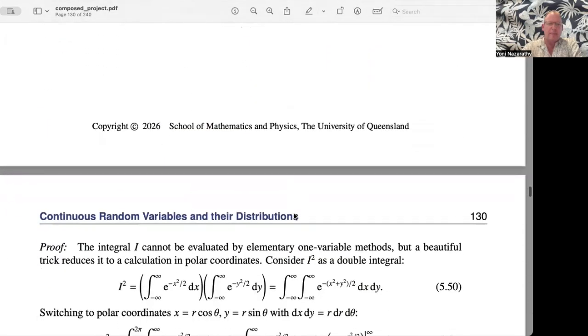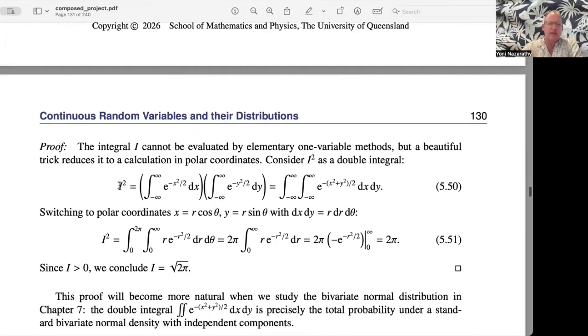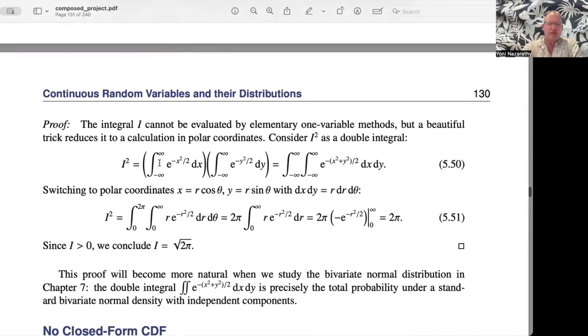Okay, and what you can do is take this integral and multiply it by itself, and then use Fubini's theorem, or, from an informal perspective, just take this integral and put it inside and convert it into a double integral.